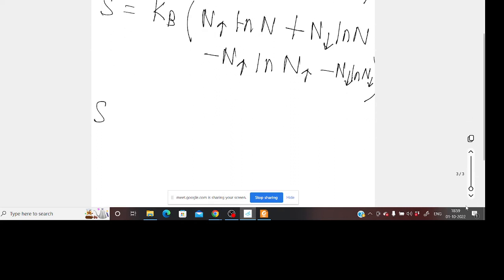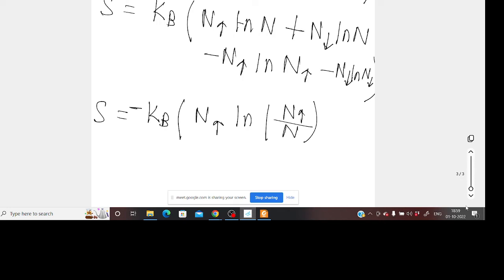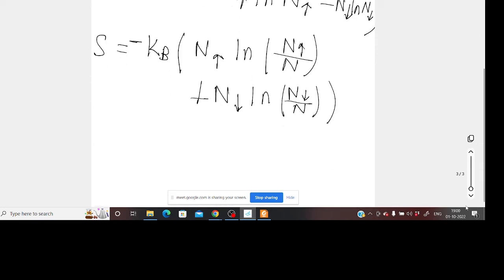Now let's take n up common. Then it will be this. This is again clear, just very simple algebra.